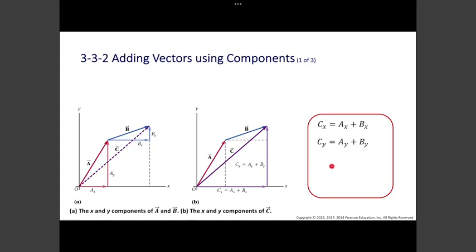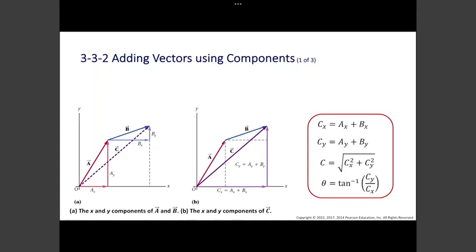Therefore, the magnitude of the vector C is equal to the square root of cx squared plus cy squared. And the angle theta is equal to tan inverse of cy over cx. Therefore, the most precise way to add or subtract vectors is to add or subtract their components.